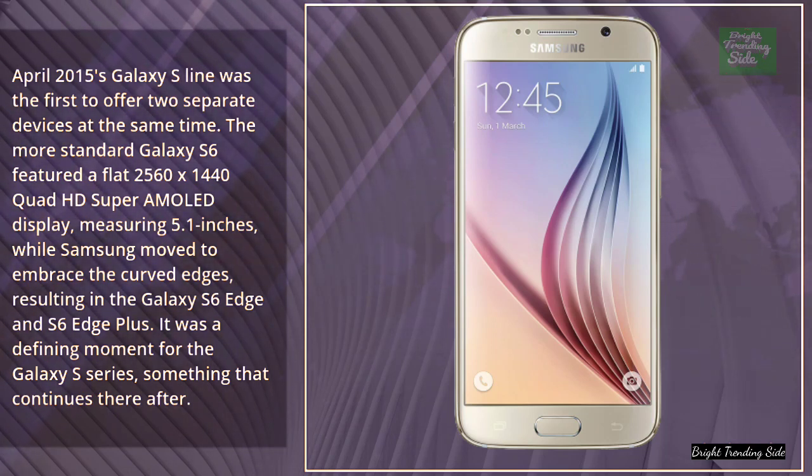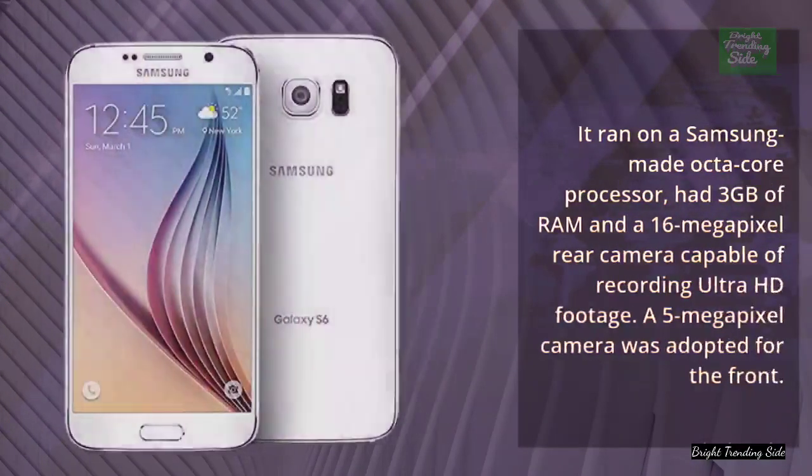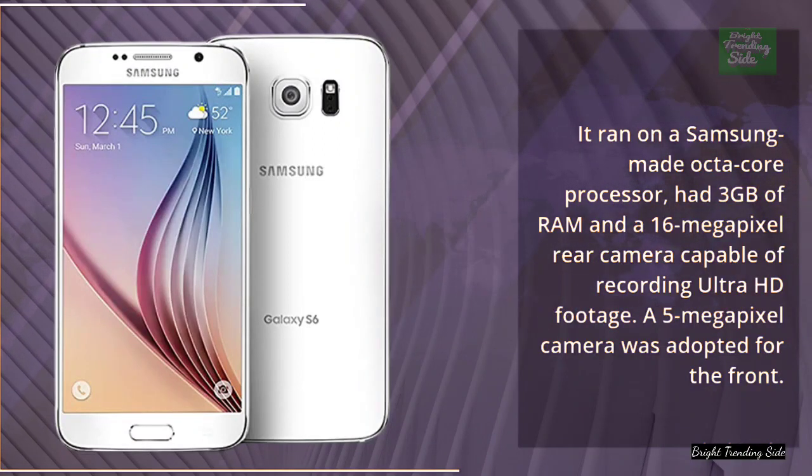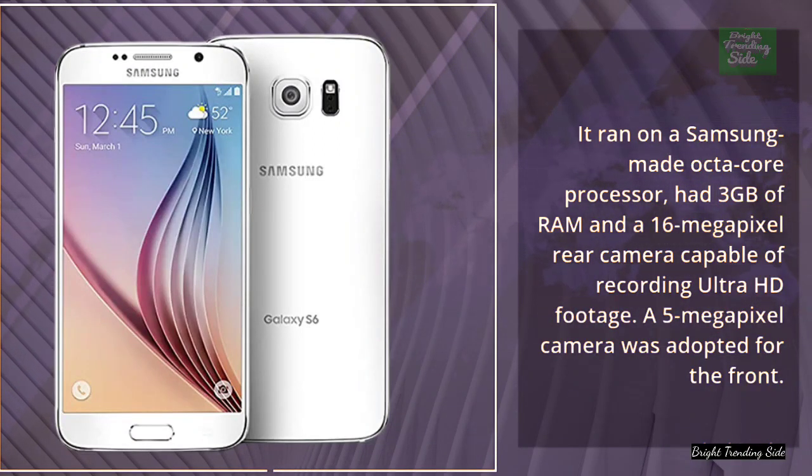It was a defining moment for the Galaxy S series, something that continues thereafter. It ran on a Samsung-made octa-core processor, had 3 GB of RAM and a 16 megapixel rear camera capable of recording Ultra HD footage. A 5 megapixel camera was adopted for the front.